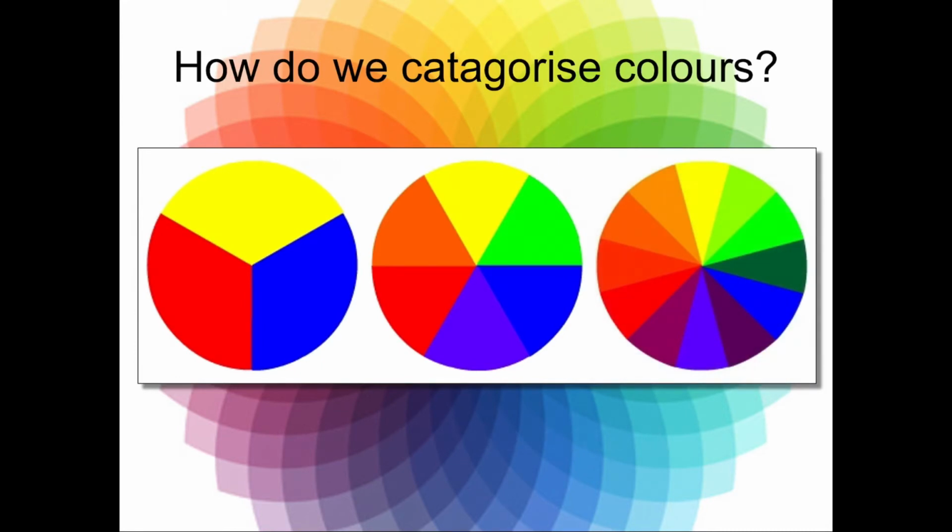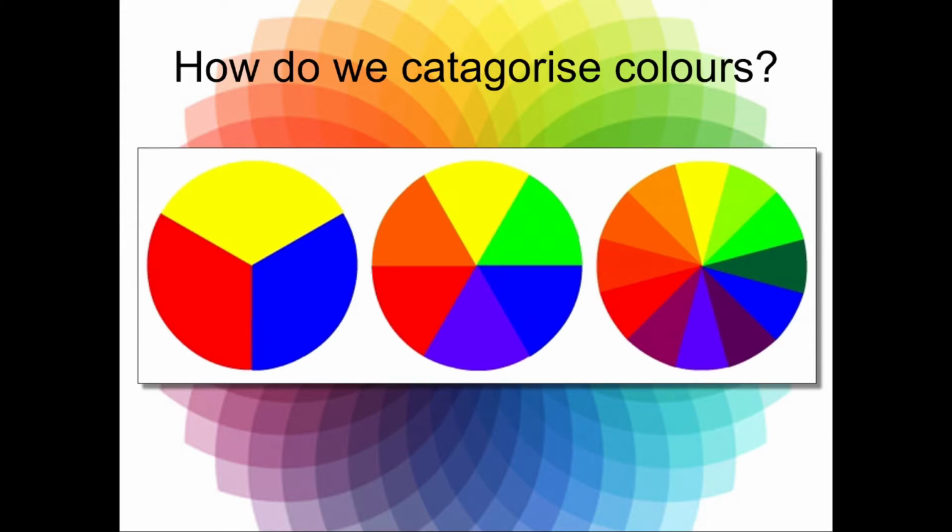The last circle has another set added in, and they're in between all of the colours we had in the second circle. So in between the yellow and the orange we have kind of a yellowy orange, you might call it a tangerine, but we don't have a proper name for it. In between the yellow and the green we have a kind of lime green again.